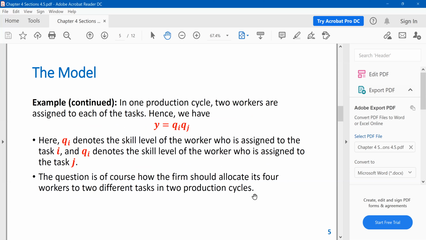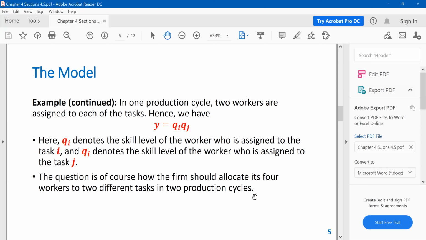Now there's one important assumption. So production takes place in cycles. All right. So there are different cycles. So in one production cycle, only 2 workers are working. Okay, because there are 2 tasks, and each task is going to be performed by only 1 worker.